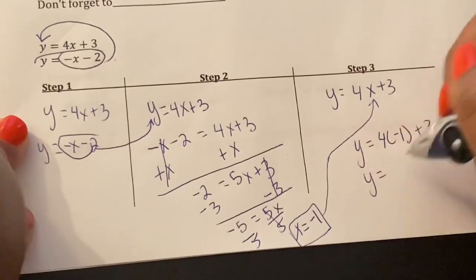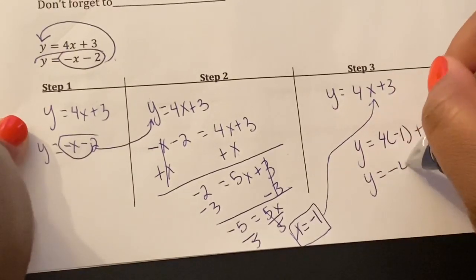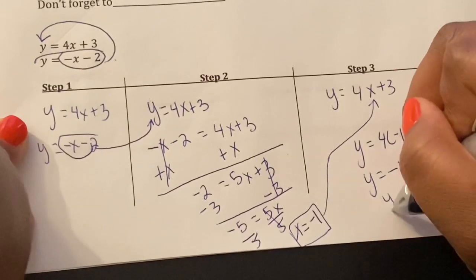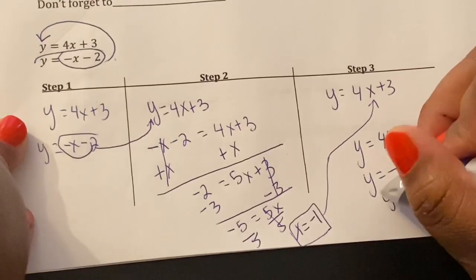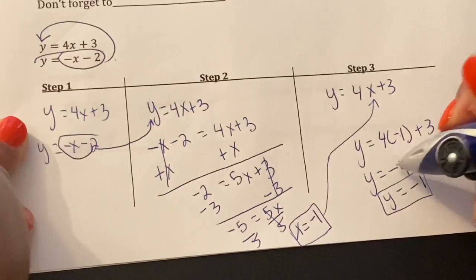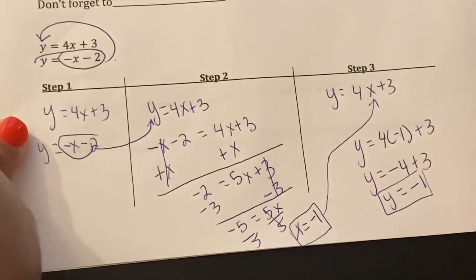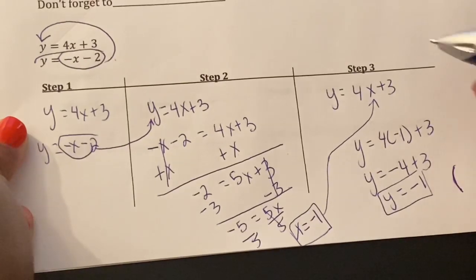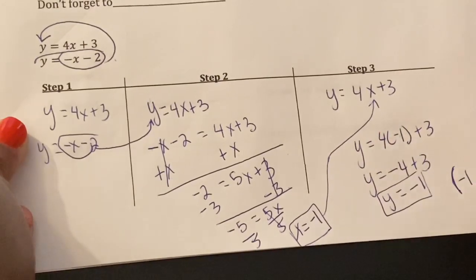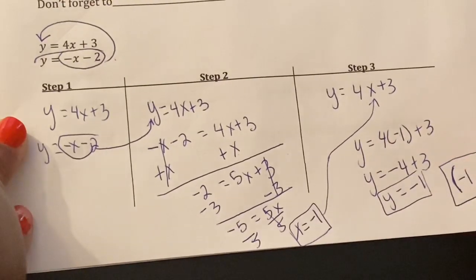Therefore, y equals 4 times negative 1 is negative 4, plus 3. y is negative 1, because negative 4 plus 3 is negative 1. Now I have my point. This is my answer. The solution to this system is negative 1, comma, negative 1, because x is negative 1. That is my solution.